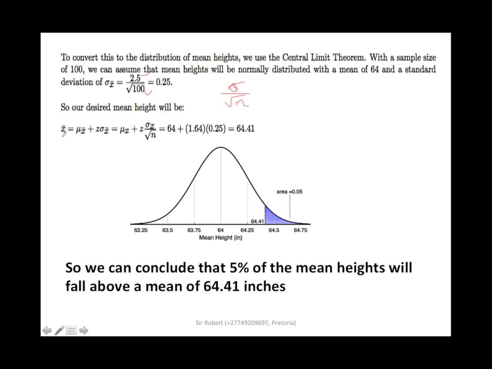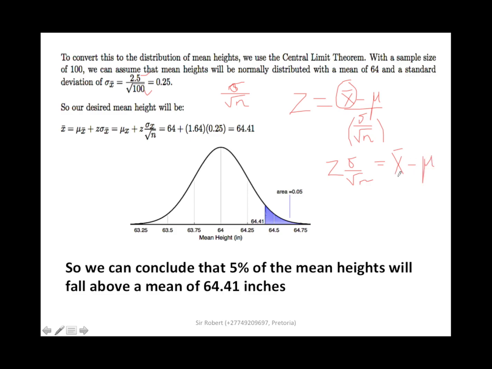So remember, this is determined from this one, say z is equal to x bar minus mu over sigma over square root of n, so that you don't wonder how these people are solving this thing. What we need is x bar. So for us to determine this, we multiply both sides by sigma over square root of n, which means z times sigma over square root of n is equal to x bar minus mu.